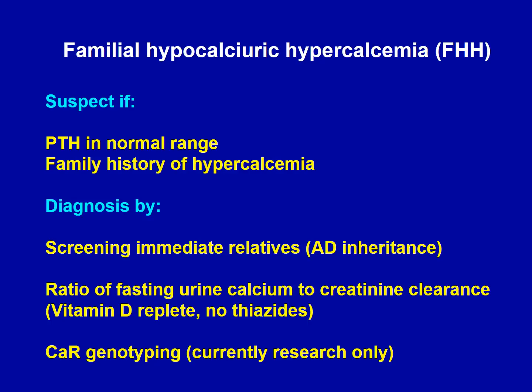The diagnosis is made by screening immediate relatives with serum calcium measurement, because it's an autosomal dominant condition. 50% of the person's children, and perhaps one of the parents, ought to be a mutation carrier and to have the phenotype.